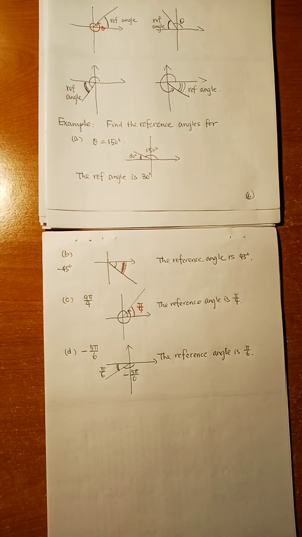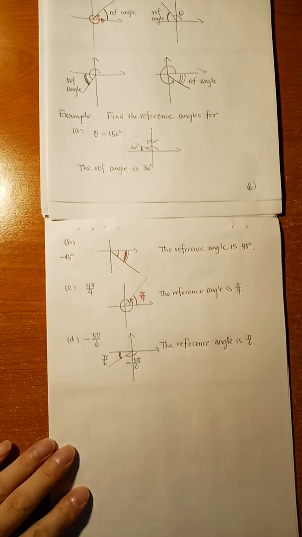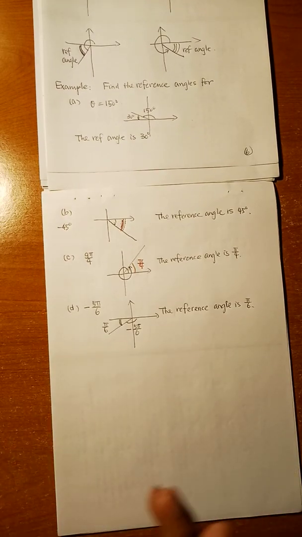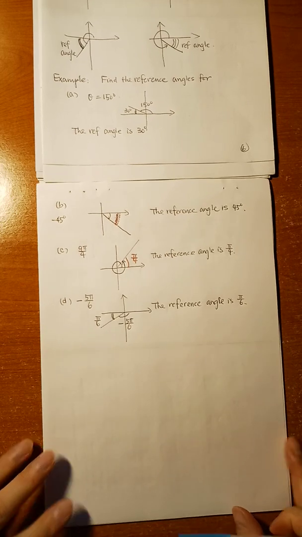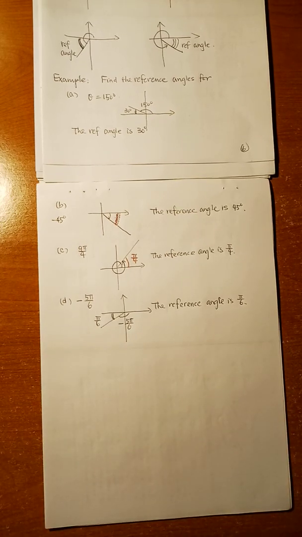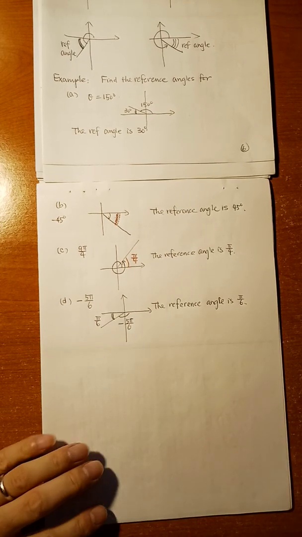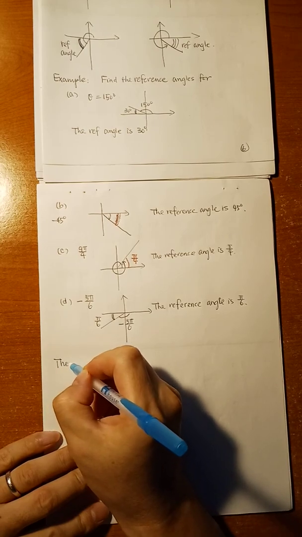Okay, so after you get the reference angle, how do we get the relation between the trig values for the general angles and the trig values for the corresponding reference angles? The theorem is the following.